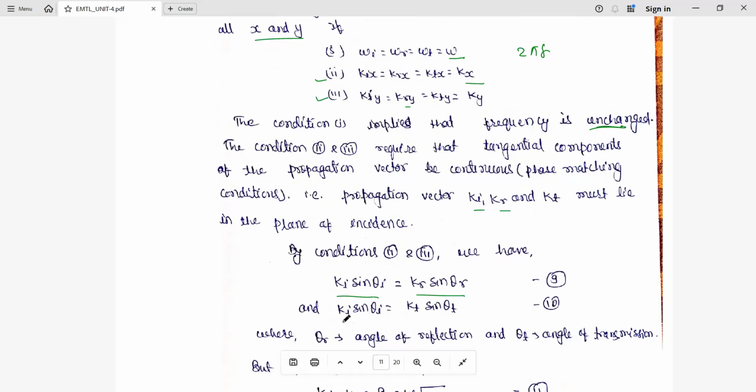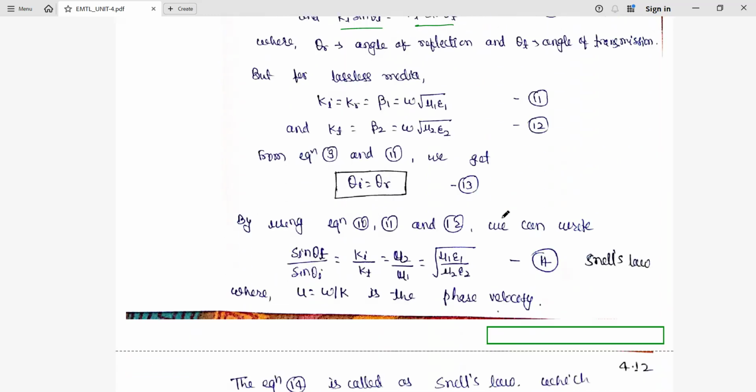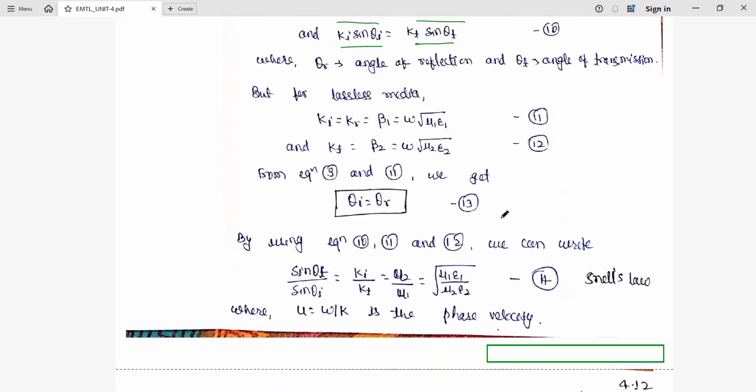And similarly, we have Ki sin theta I equal to Kt sin theta T. Here theta I is the angle of incidence, theta R is the angle of reflection, and theta T is the angle of transmission or refracted angle.